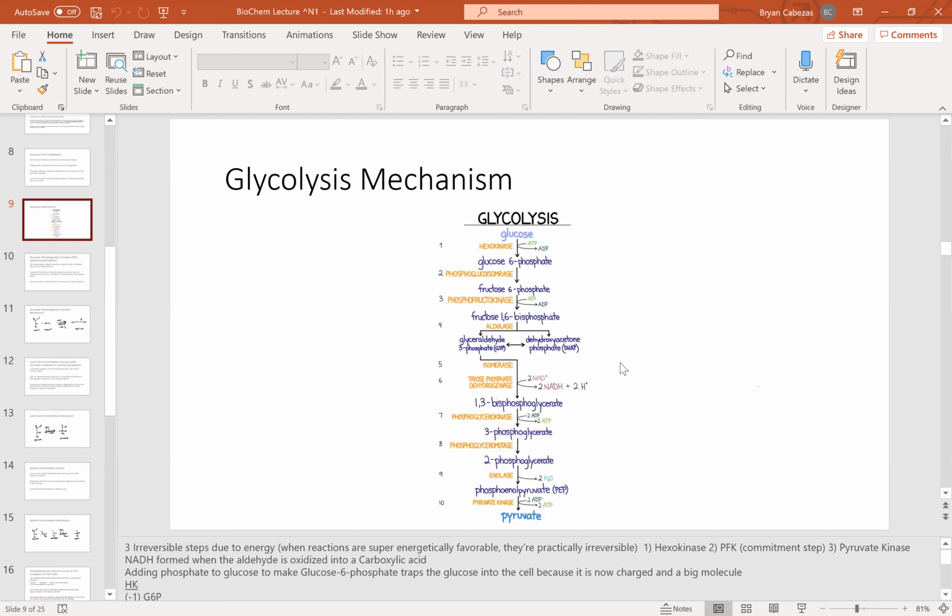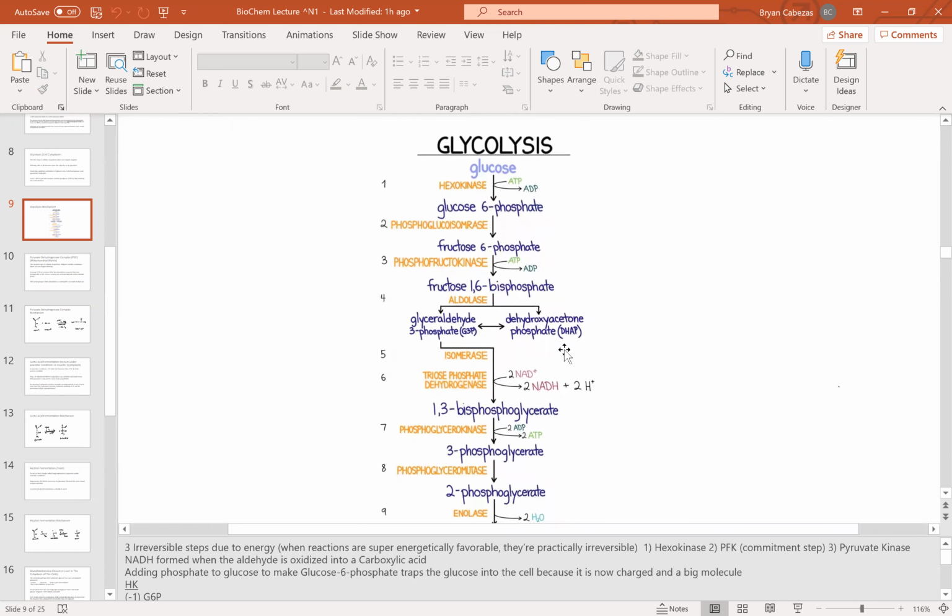What fermentation does is that it allows glycolysis to keep occurring. Well, why would glycolysis stop in the first place? Well, look at the products of glycolysis, right? We have NADH, we have ATP. ATP is awesome for when we need energy, but NADH is one of the products, right? So what if we just keep letting glycolysis occur without fermentation? Maybe we still have glucose.